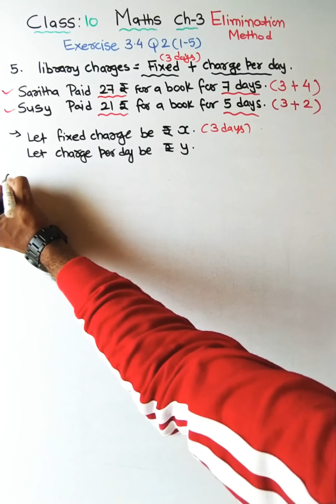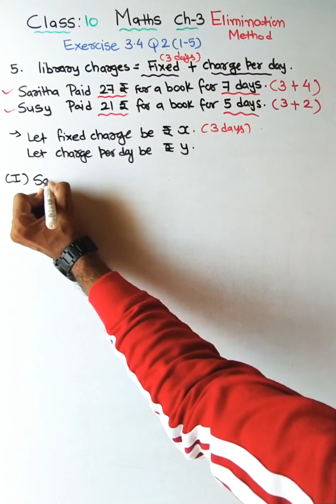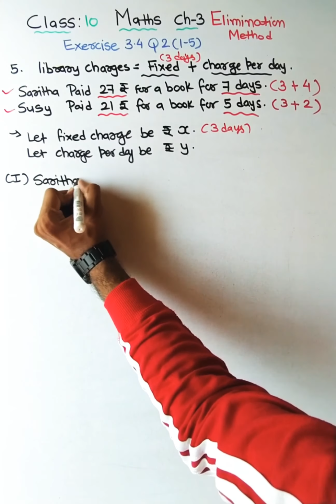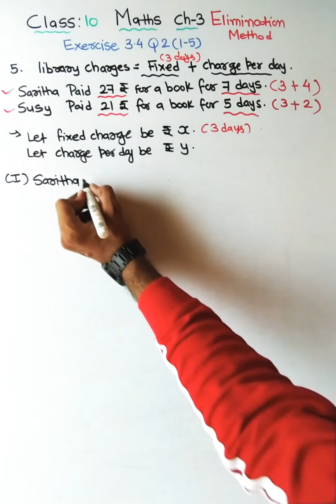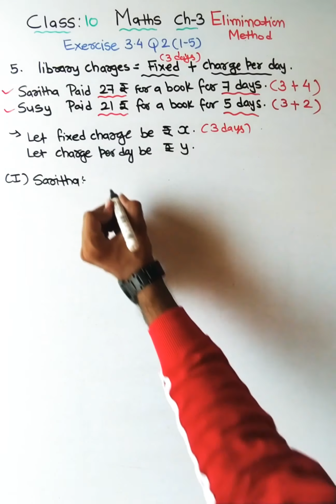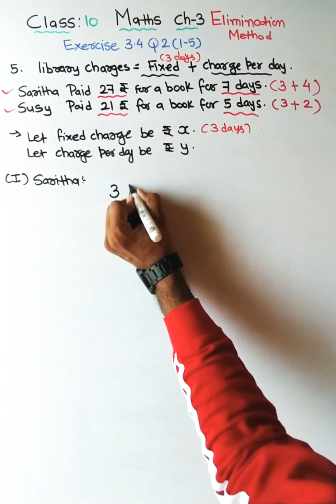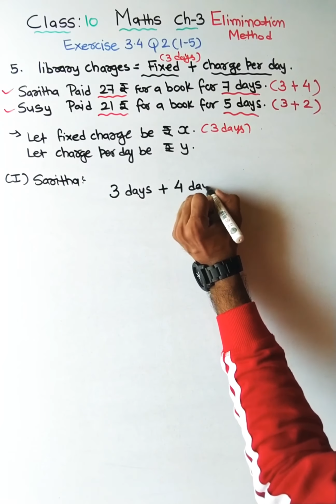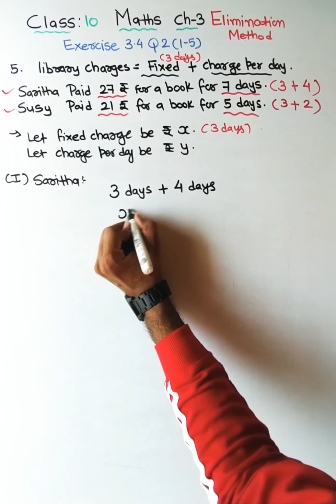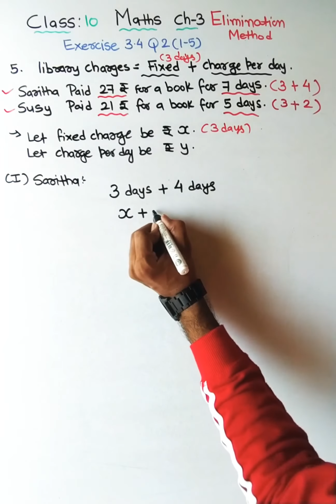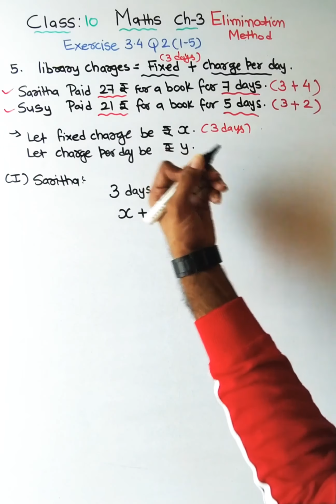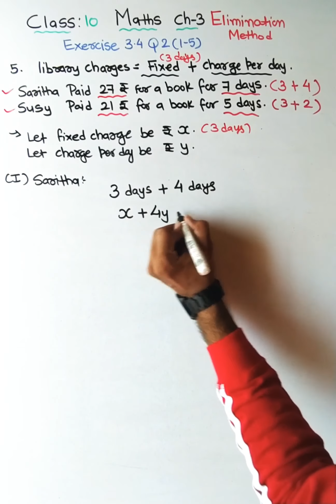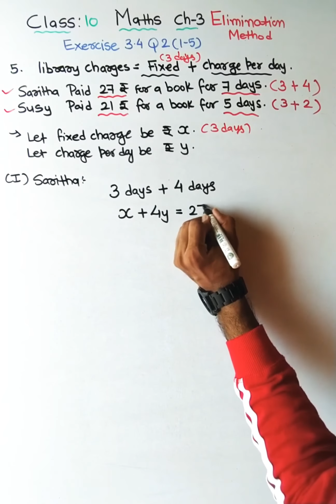Now let us start with the first case, that of Sarita. Here she kept the book for 7 days. So for the first 3 days, then for the next 4 days. So for the first 3 days she is paying X, for the next 4 days she is paying Y per day. That means 4Y. And what is the total amount she is paying? 27.